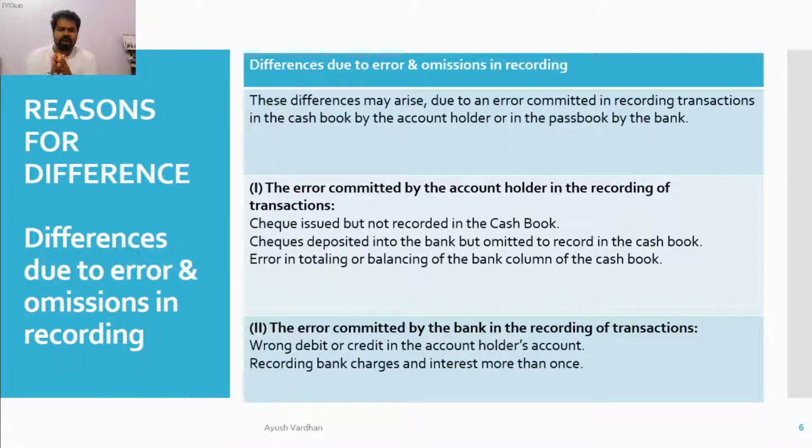Another error could be made by the bank. What error could that be? Those errors could be a wrong debit or credit in the account holder's account. Sometimes the bank puts in a wrong entry, or since it is a computerized process, the computer might make some error. So in your account, the entry of someone else happens.